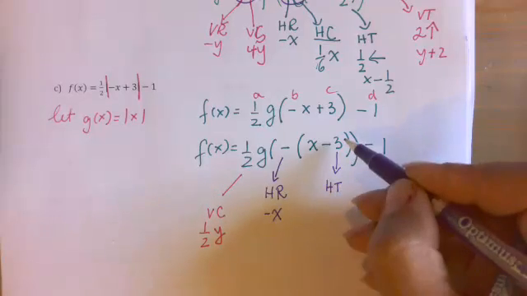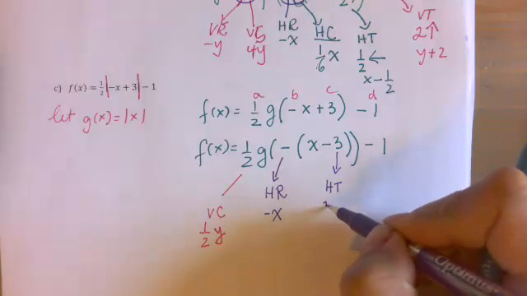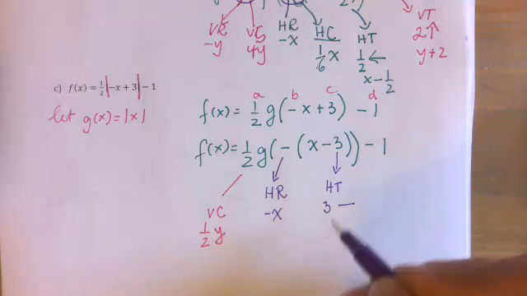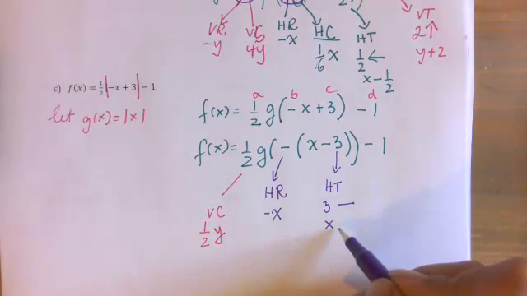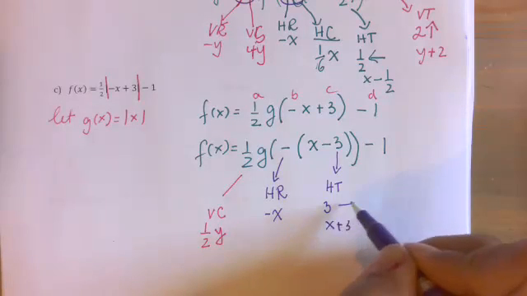Horizontal translation for the C parameter, and we have 3 units where x what? X plus 3, because it's 3 units to the left. Right, you got it.